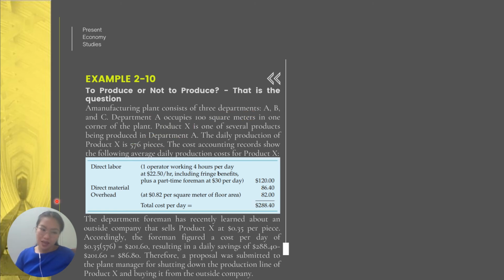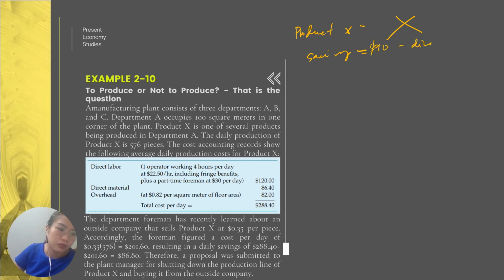The solution is, if the manufacture of product X is discontinued, the firm will save at most $90 in direct labor, and 86.4 in direct materials, and, well, $3 in variable overhead.